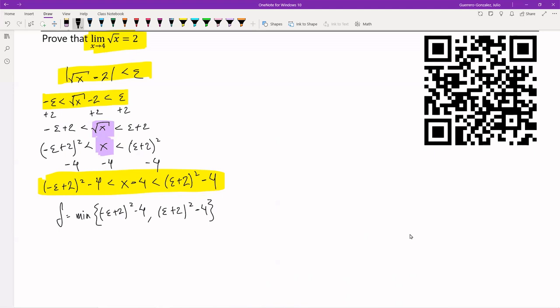Both of these values might be different. Remember, one of them is a positive epsilon, the other one's a negative epsilon. Since it's two values, what we're going to do is choose the smallest of the two. It doesn't matter which one, but we have it rounded down to one of these two. It's either this one or this one.